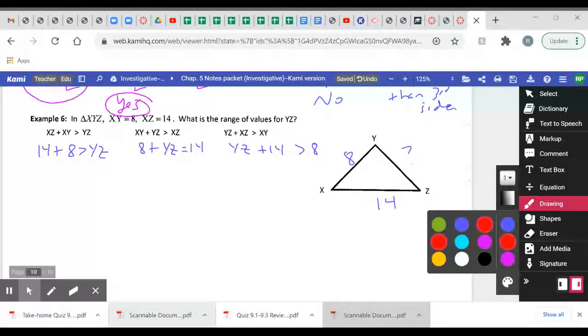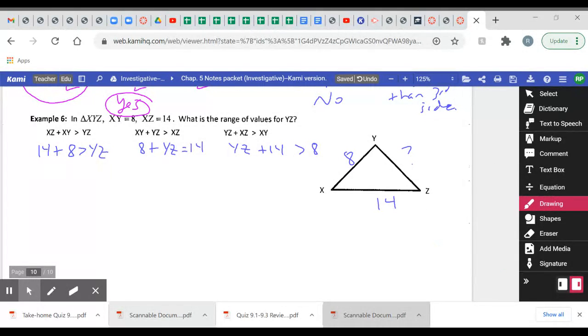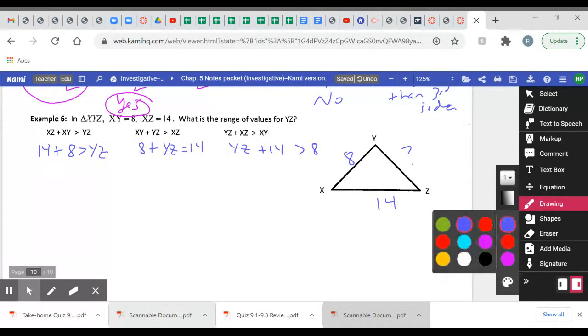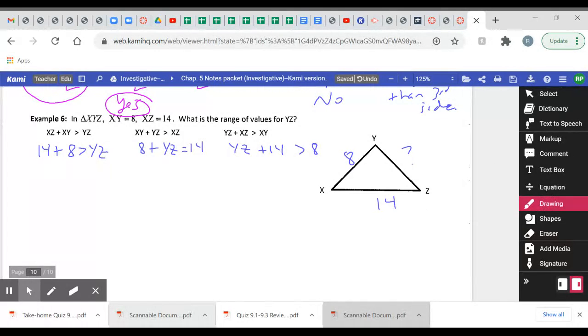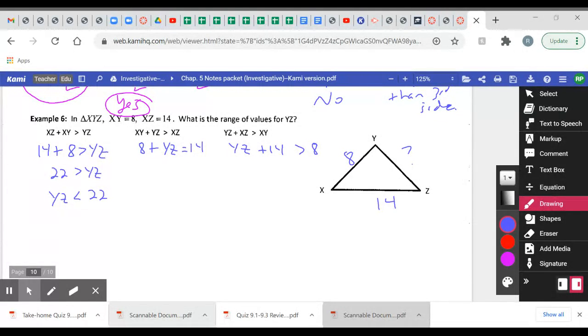If I go ahead and solve for those, I can add up here, and I get 22 is greater than YZ. But I always like to have the variable on the left side. I think it's easier to read and easier to think about. And the point is going to the YZ, so I still want the point going to the YZ. Alligator's still chomping the 22. Over here, I need to subtract 8 from both sides to get YZ by itself.